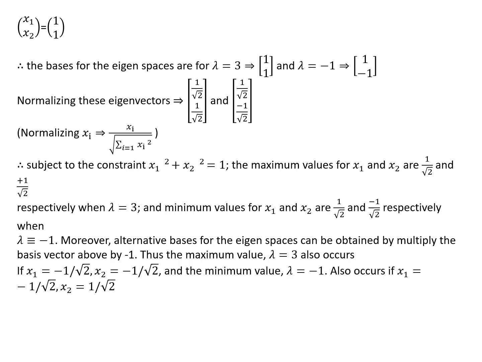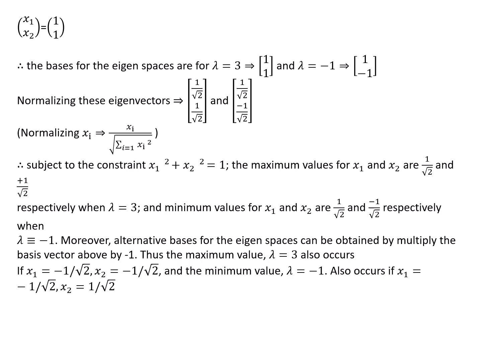Suppose now your lambda is minus 1. The alternative basis for the eigenvalue can be obtained by multiplying the basis vectors by minus 1. That is, it's just to multiply by negative 1. So just reverse the sign. When you reverse the sign, what will happen to those values?